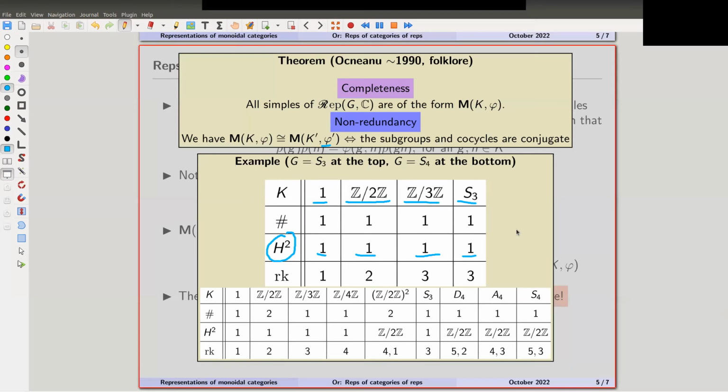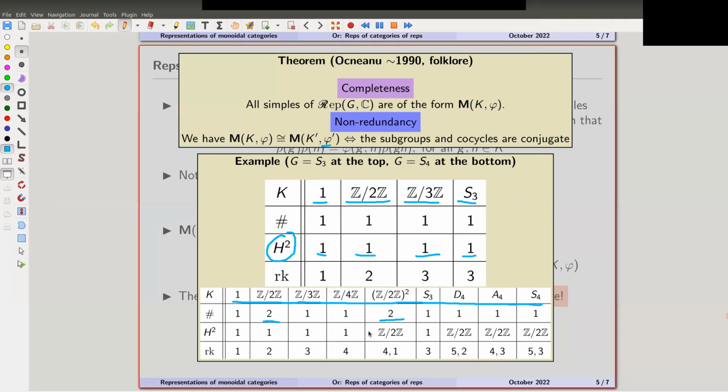Anyway, in general, you just do it. It's just an algebraic, combinatorial problem. You look up your favorite list of subgroups of finite groups. Here S4 has a certain number of subgroups. You count them up to conjugacy. For example, this appears twice. This also appears twice. So each one will spit out a simple representation.